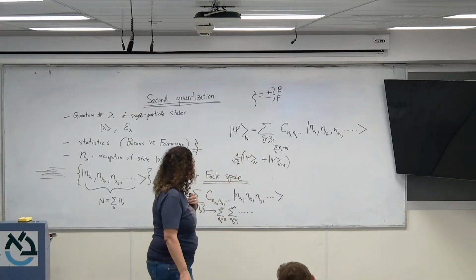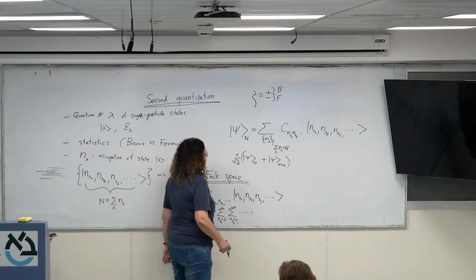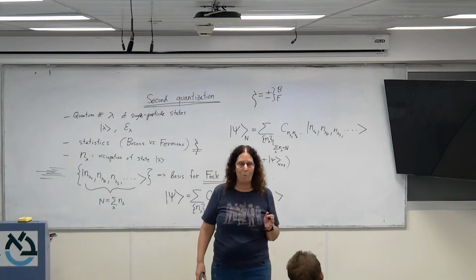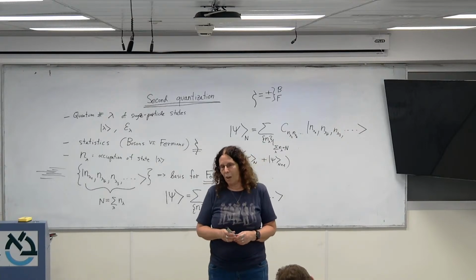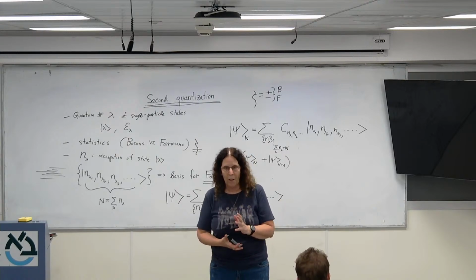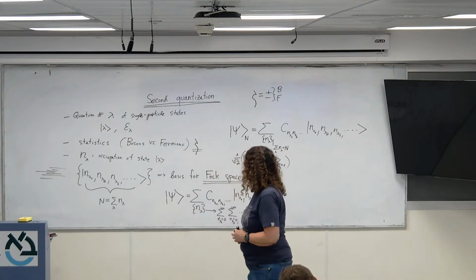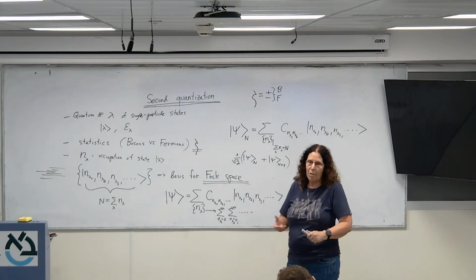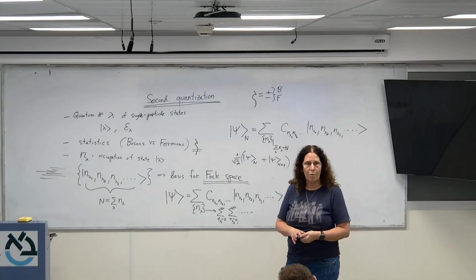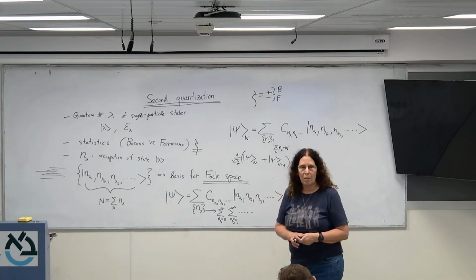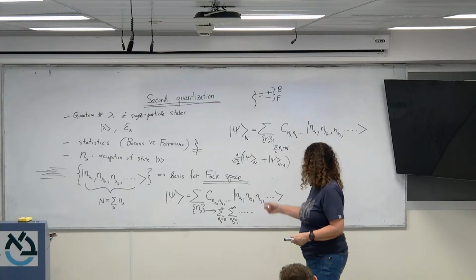But what does it mean to calculate the number of particles for this kind of state? I have to calculate an expectation value, just like anything in quantum mechanics. Everything is an operator, and we're allowed to have operators that in some states have uncertainty, and therefore there will be a standard deviation in the number of particles. It will not be zero for this state.